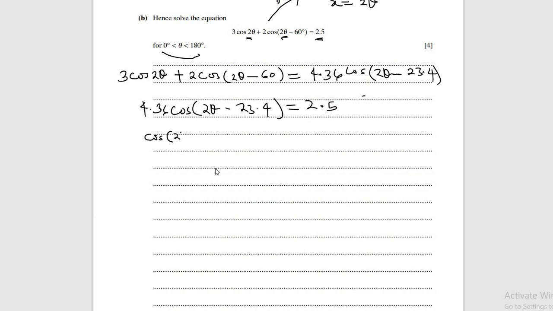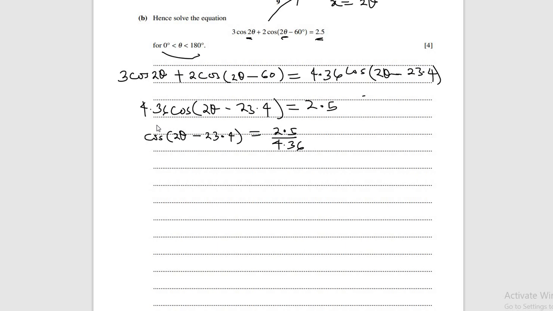Cos(2 theta minus 23.4) will be equal to 2.5 over 4.36.